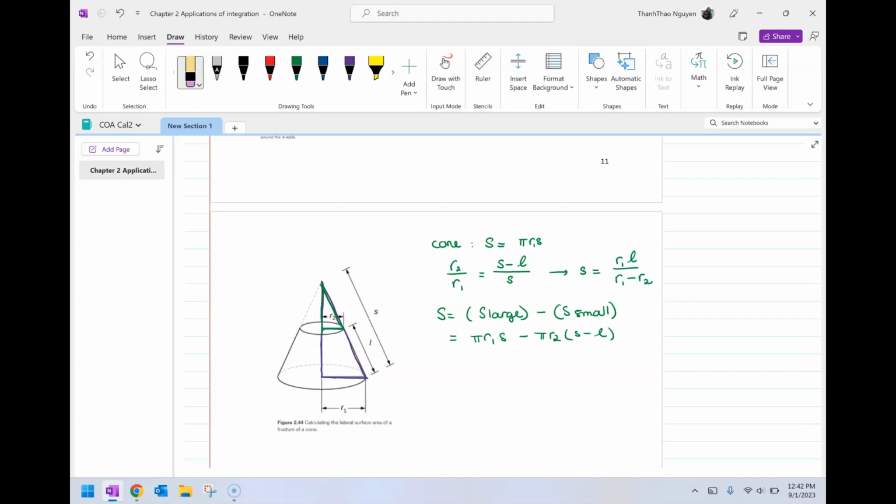So I will substitute this into my formula: pi R1 times R1L divided by R1 minus R2, minus pi R2 times R1L divided by R1 minus R2 minus L. We simplify this and clean it up. We get this equal to pi times R1 plus R2 times L.